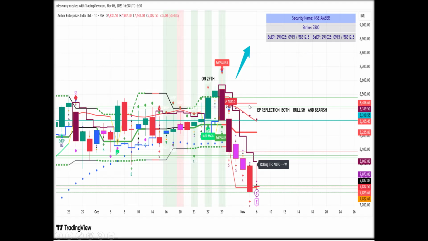When price started moving, it started with confusion between both bulls and bears, a tug of war.